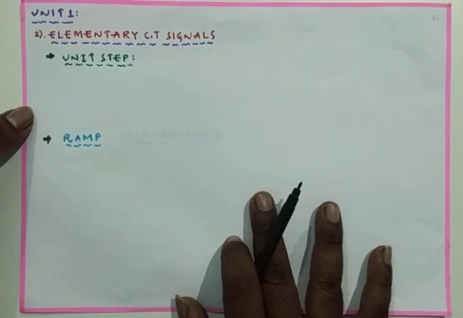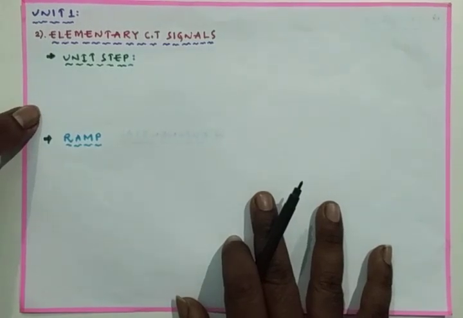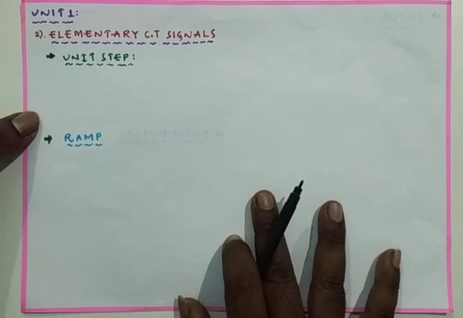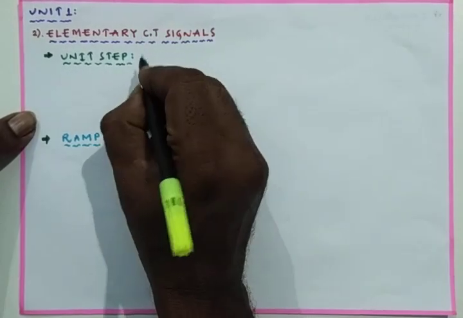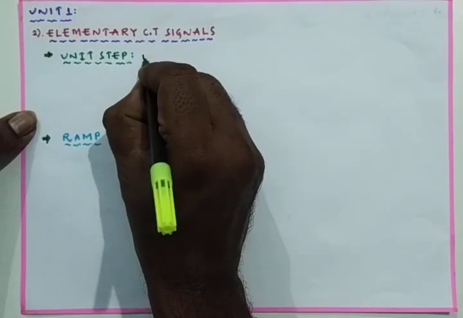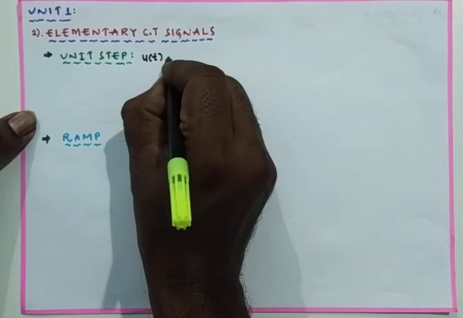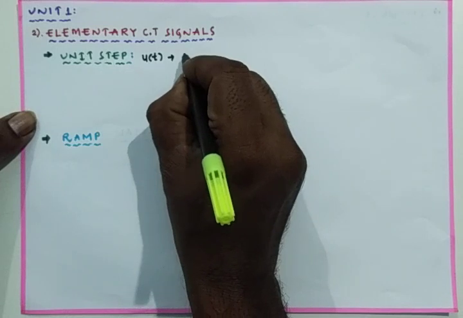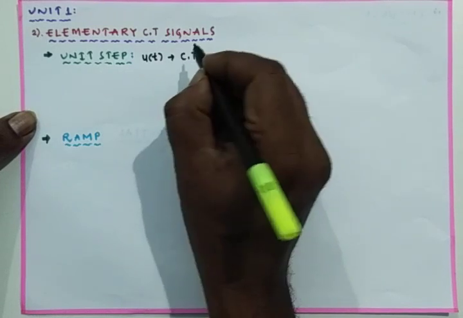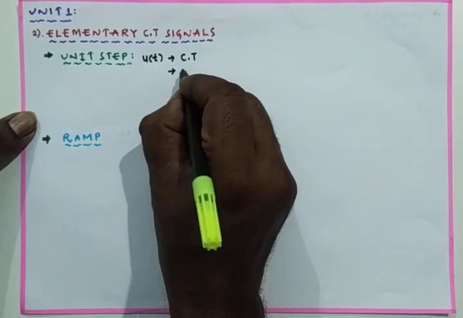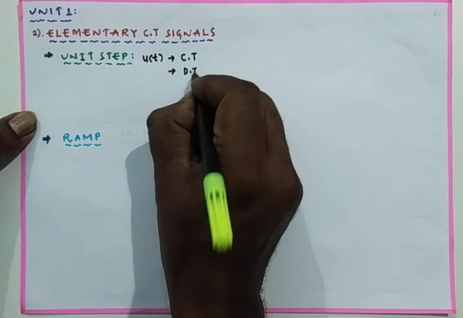The first important elementary signal is called unit step signal. Unit step signal is in general denoted with u of t if it is continuous time, and if it is a discrete time signal, it can be denoted with u of n.